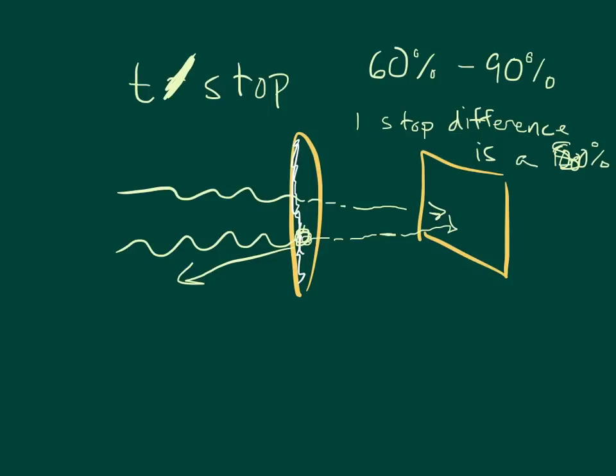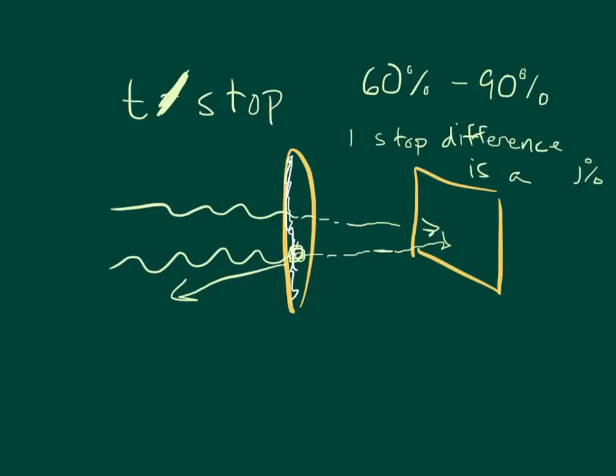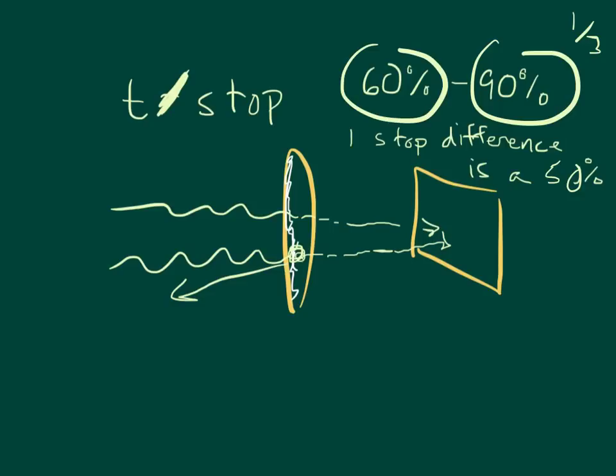So from that we see right away that most lenses actually lose about 1/3 of a stop to 2/3 or even a little bit more from their f-stop value, and that's just kind of normal.